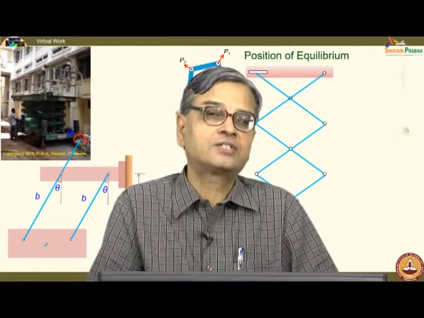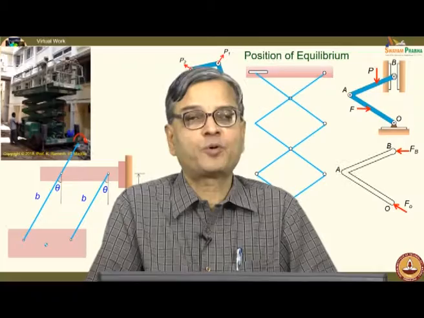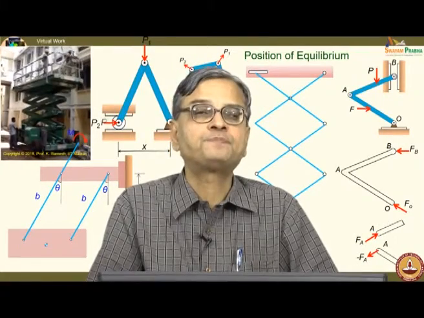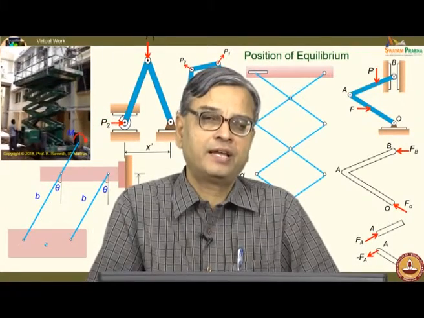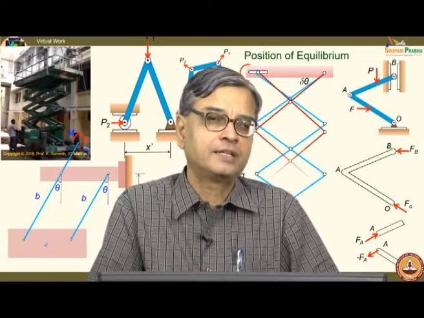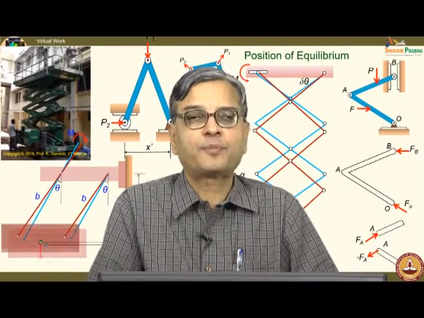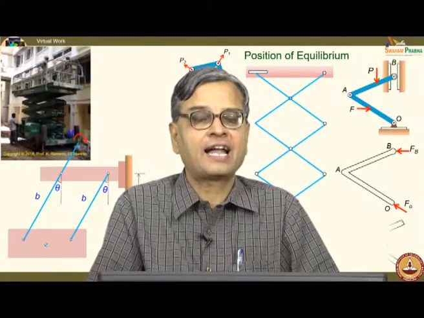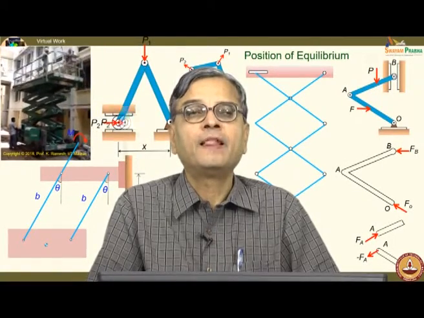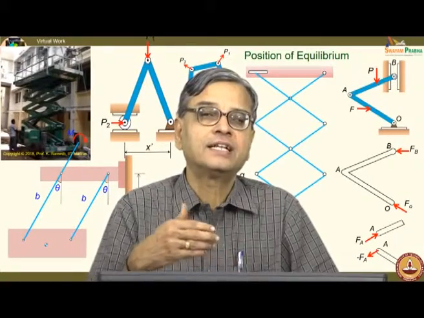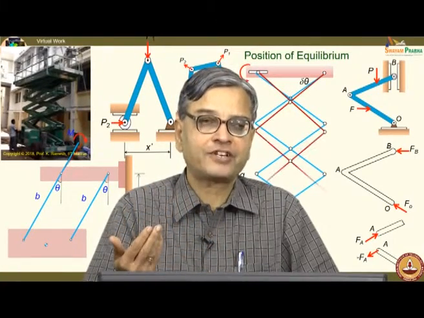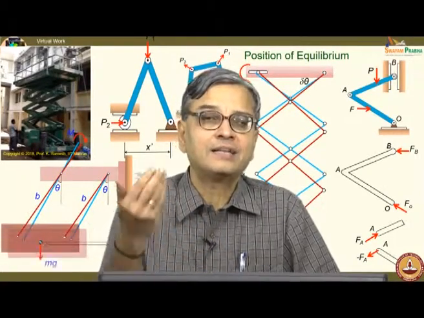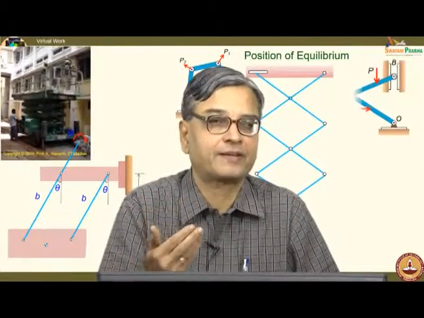So, in this class we have learned how to solve a problem by the method of virtual work. I have given a very important recommendation. Whenever you encounter a problem in virtual work, first identify the active forces, then visualize the displaced configuration and make a neat sketch of it.